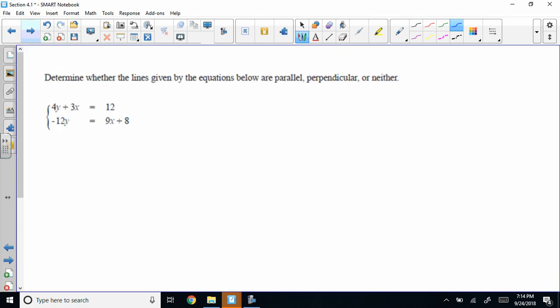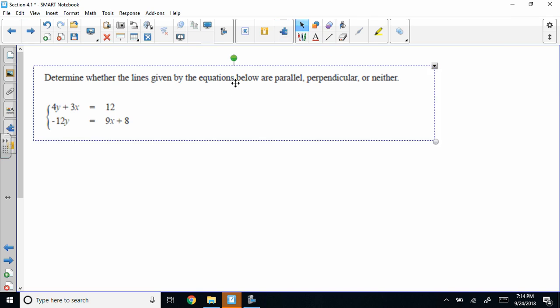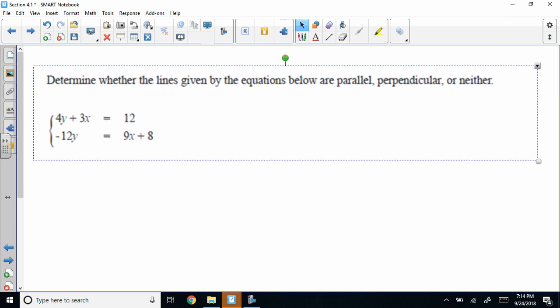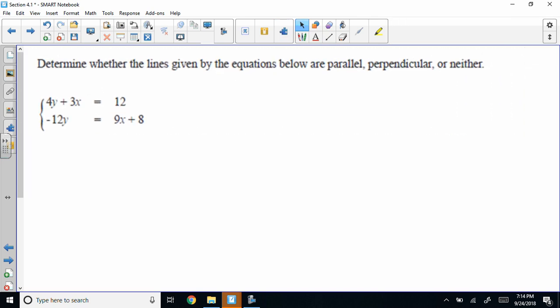All right. So determine whether these lines below are parallel, neither, or perpendicular. So first things first. Easiest thing is just to put all of them in what? What would we put all these lines in? Slope-intercept form. Thank you. So I got 4y plus 3x equals 12.